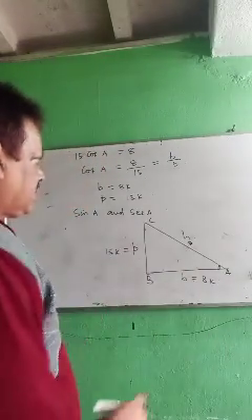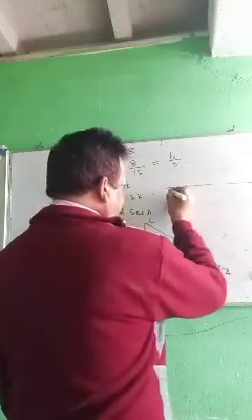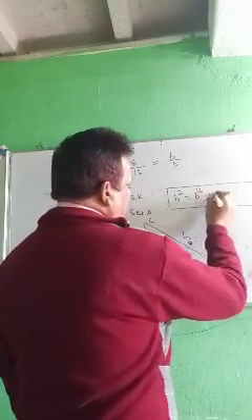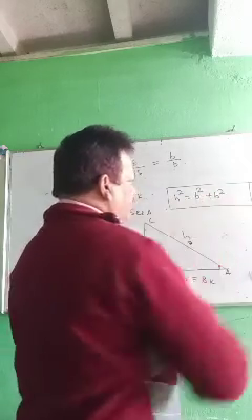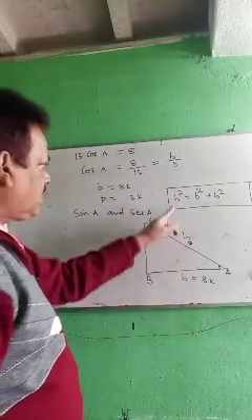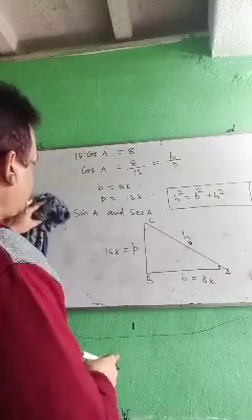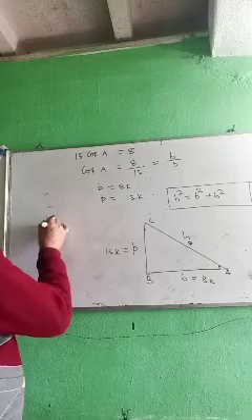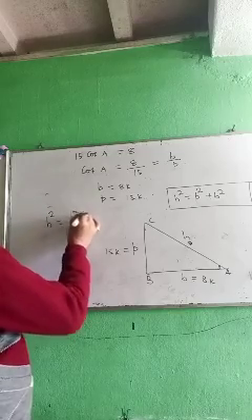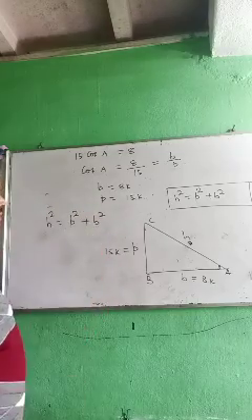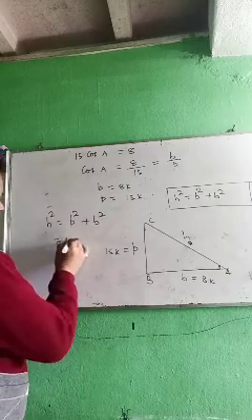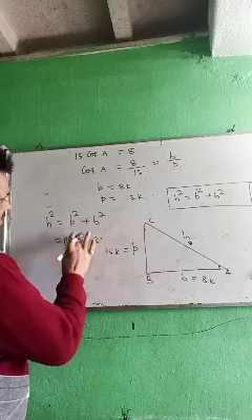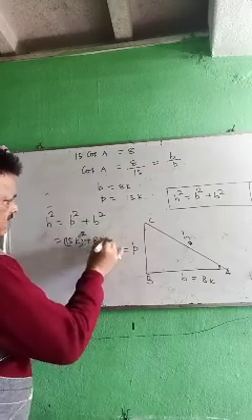Pythagoras theorem. Actually, you remember this formula. H square equals P square plus B square. You have studied this in the Pythagoras theorem. So let's find out what H square is now. P square plus B square. P means 15K square plus 8K square. 15K whole square, 8K whole square.